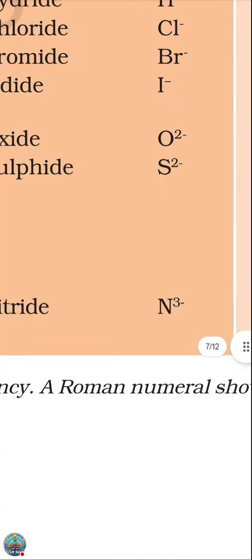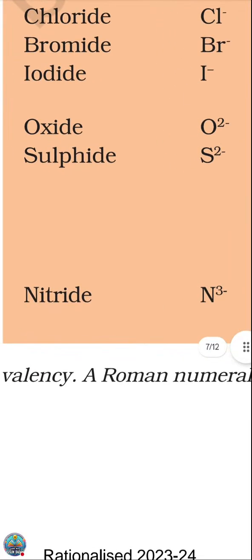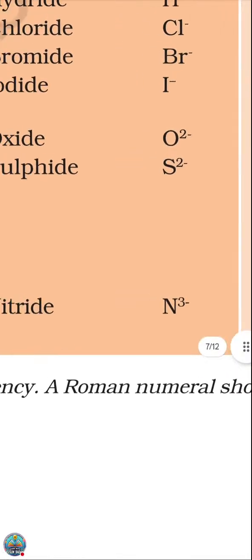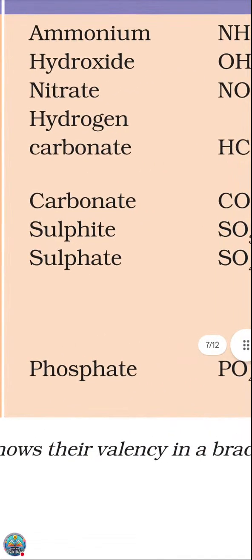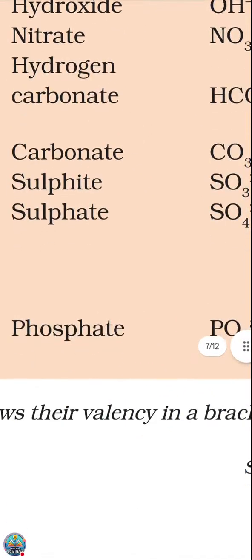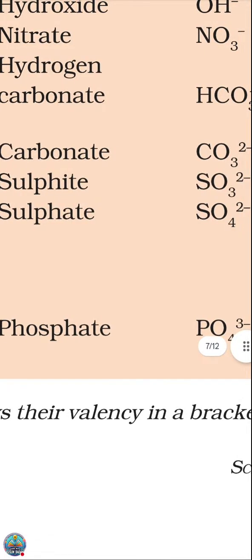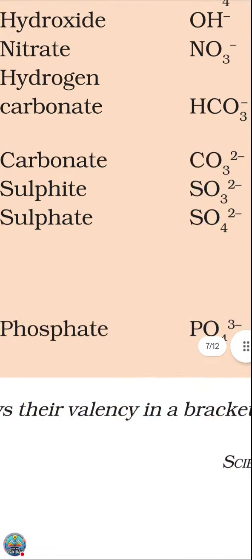If only sulfur is there, we call it sulfide. Sulfide is only for the sulfur one. If it is SO4, sulfate. If it is SO3, sulfite. Understood clearly?